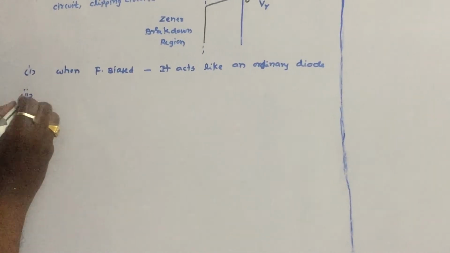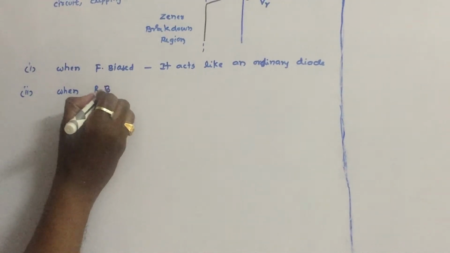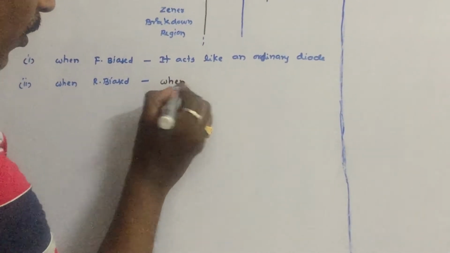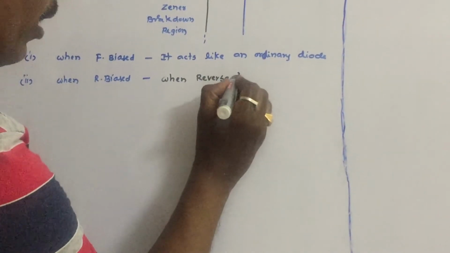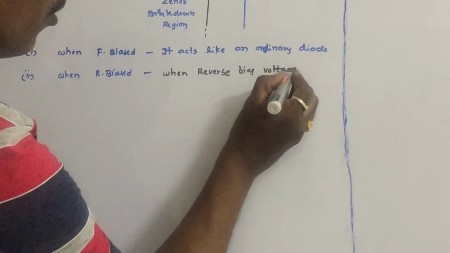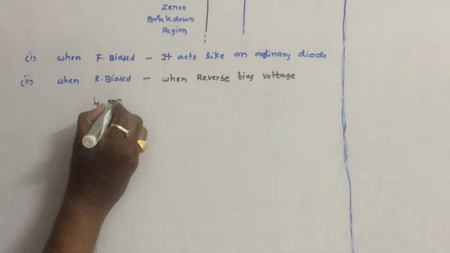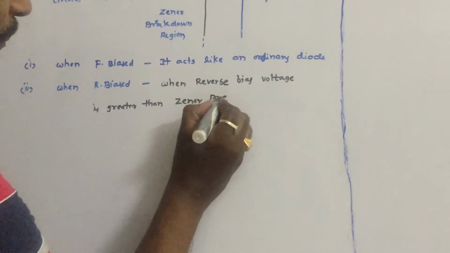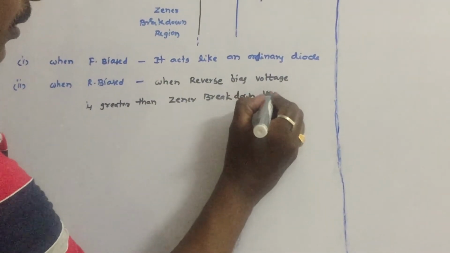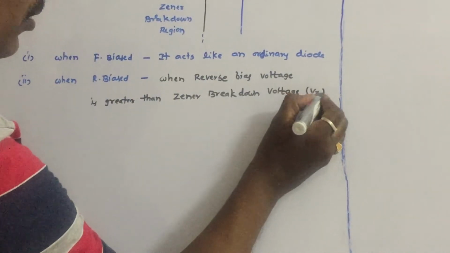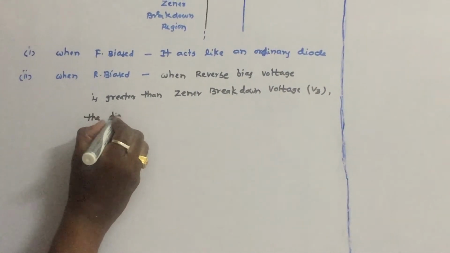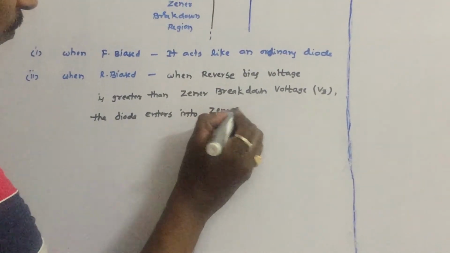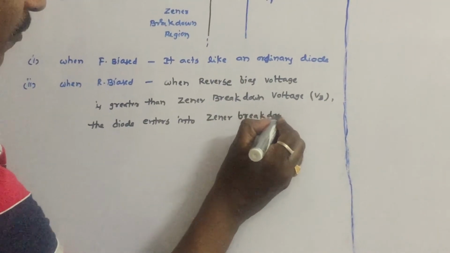Next, number 2, when reverse biased, when the reverse bias voltage is greater than Zener breakdown voltage, that is Vz, the diode enters into Zener breakdown region.